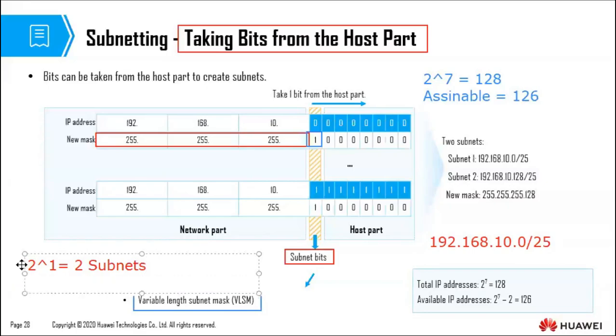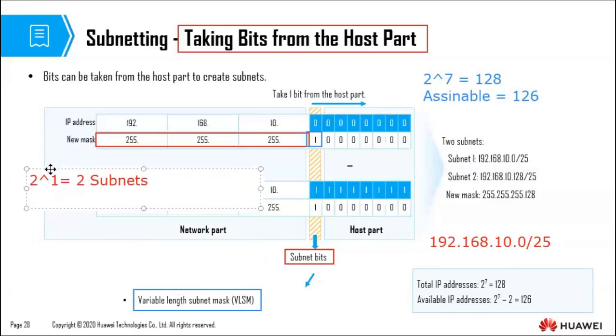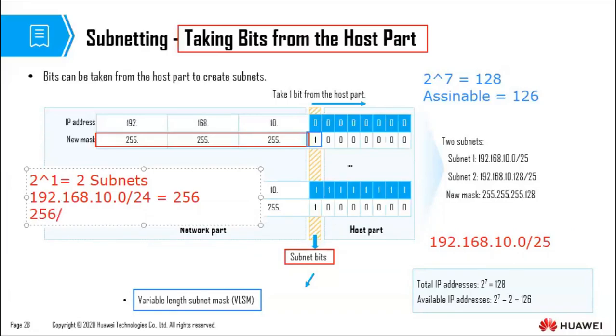In fact, one easy way of knowing the address ranges is simply by doing division. When we have 192.168.10.0/24, how many addresses do we have? 256, right? So if we divide this network into 2 networks, how many addresses do we get? Still the same thing as 2 raised to power 7.